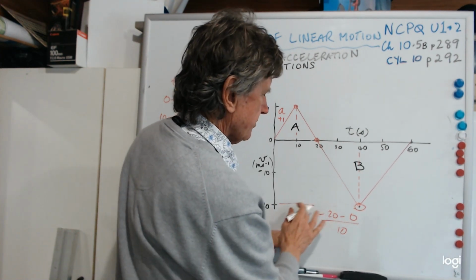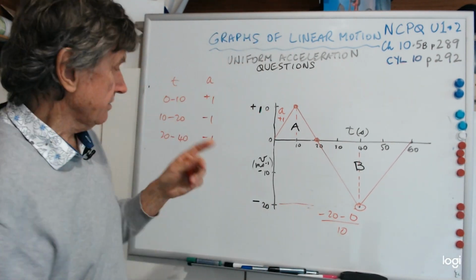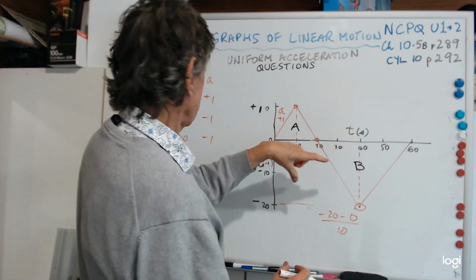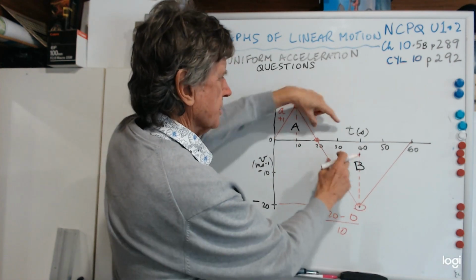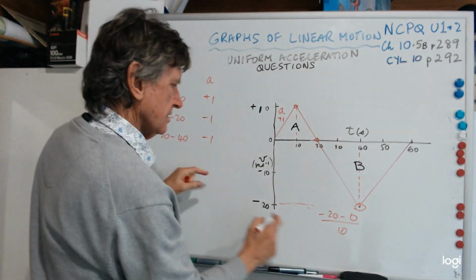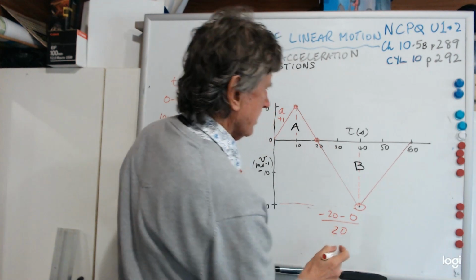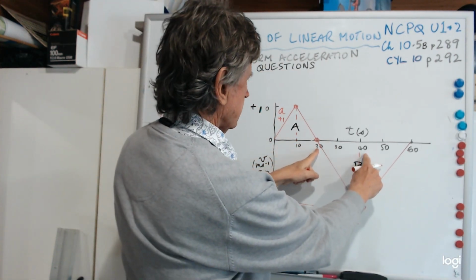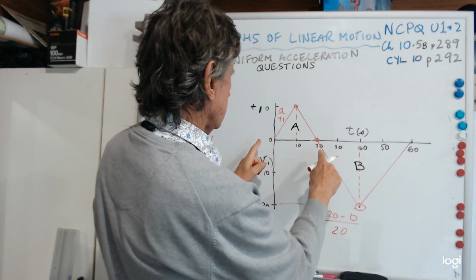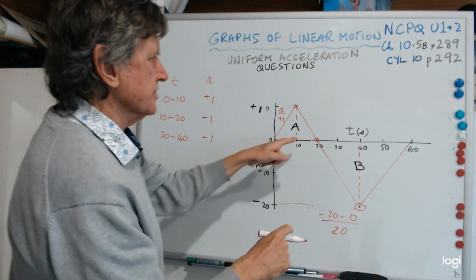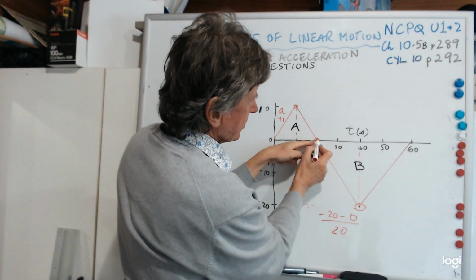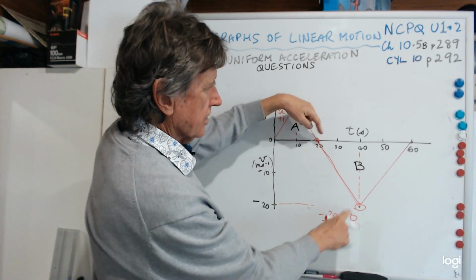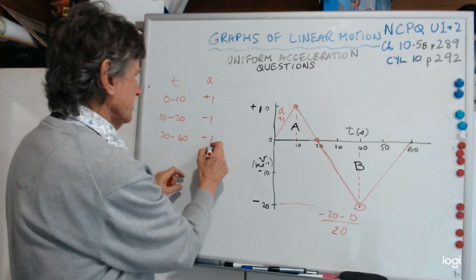Negative 20 over 10 is negative, oh sorry, over 20 seconds, because 20 to 40 is 20 seconds. Yeah, that's right, in this section here, a change of negative 20 divided by the 20 seconds comes to negative 1.